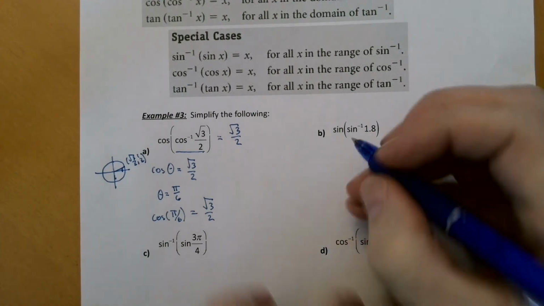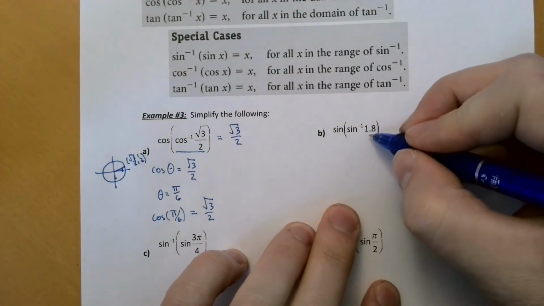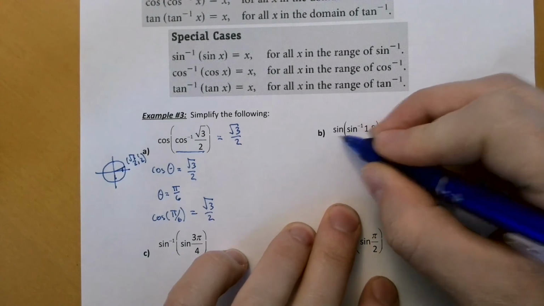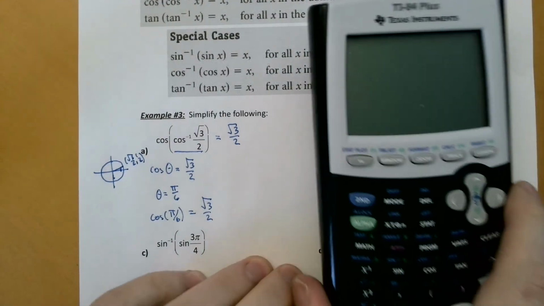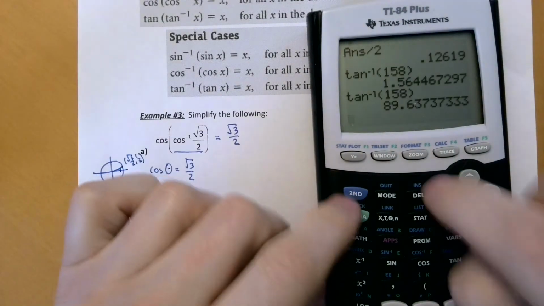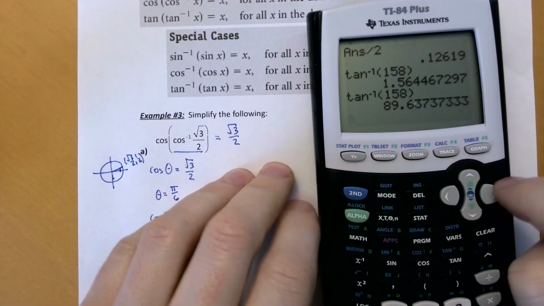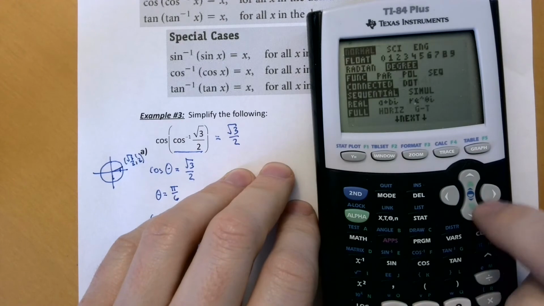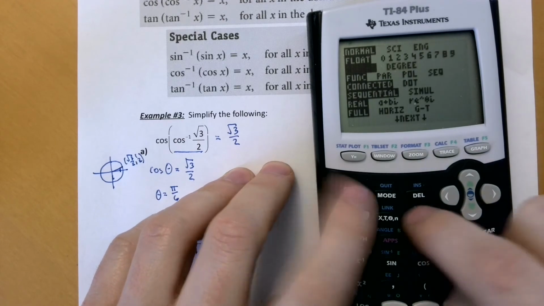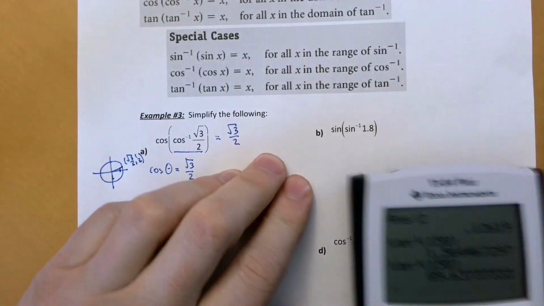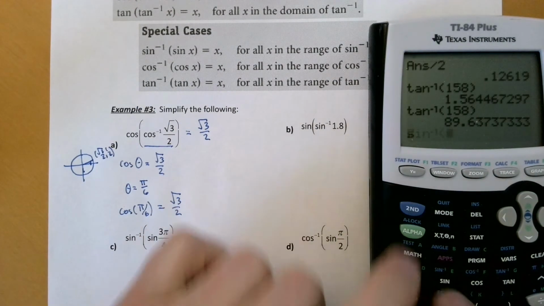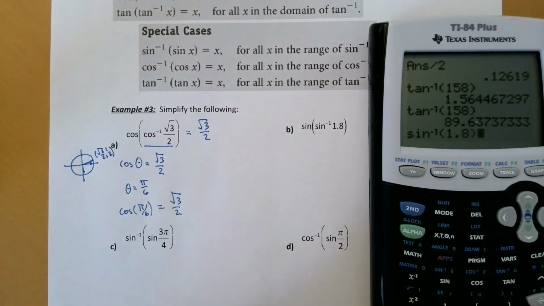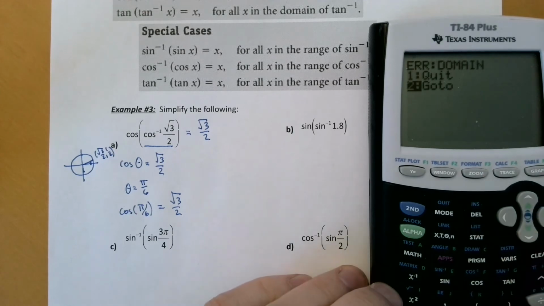Okay, let's now do sine of sine inverse of 1.8. This isn't a unit circle value, so I'll grab my calculator. Do we want to be in degrees or radians? It doesn't particularly matter. I prefer radians, as most pre-calc folk will. So I'm going to do sine inverse of 1.8, and that equals... domain error?